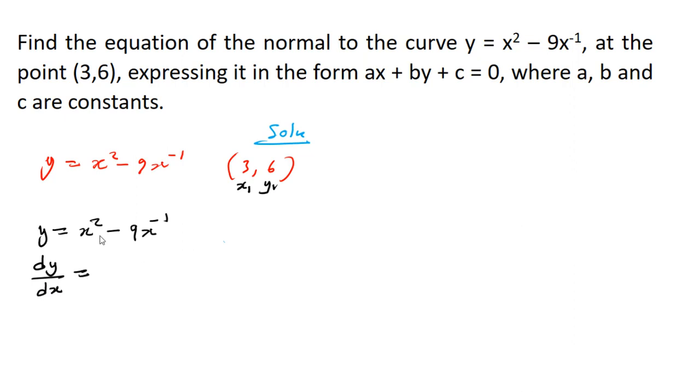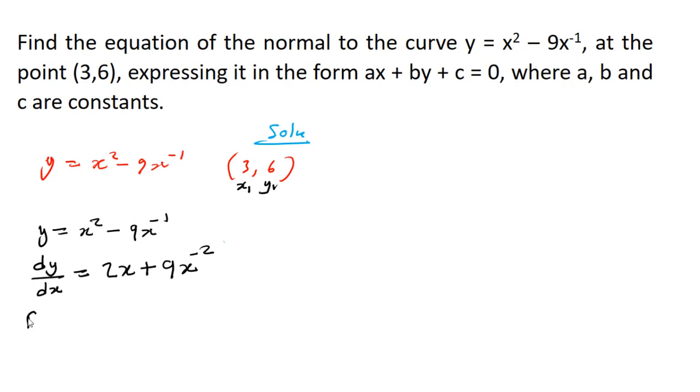So dy dx in this particular case, you drop the power, so this will be 2, then x to the power 2 minus 1 is just 1. Then you multiply, this will be plus 9, then x to the power -2, because you are going to subtract 1 from -1.